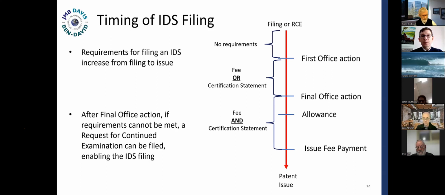Later on, between the first office action and the final office action or allowance, you can file any document by paying a fee if it's older than 3 months, or by a certification statement.